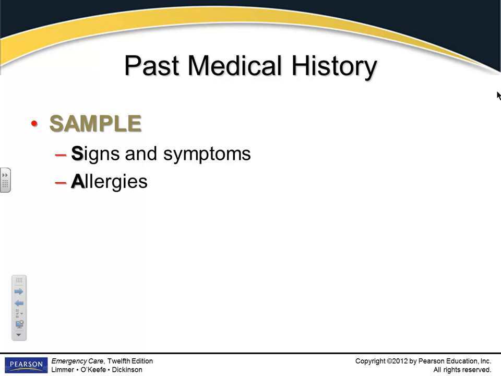And then we want to know their allergies. Now this is past medical history. This is not history of current illness other than signs and symptoms. Everything else is going to be past medical history pretty much. Allergies, what allergies do we want? Drug allergies? What about food allergies? Do we really care about food allergies?